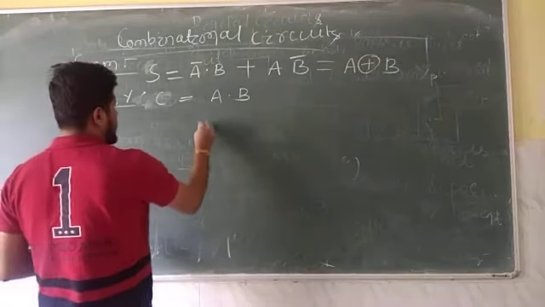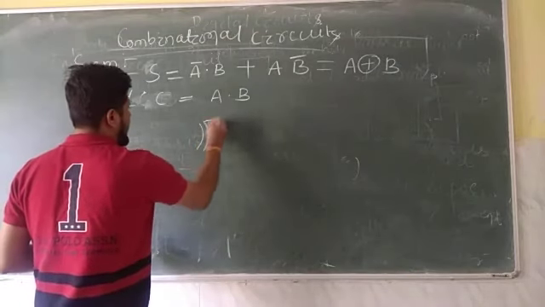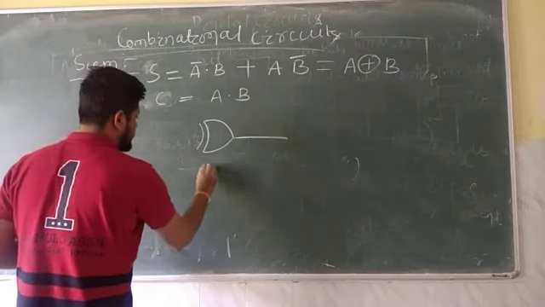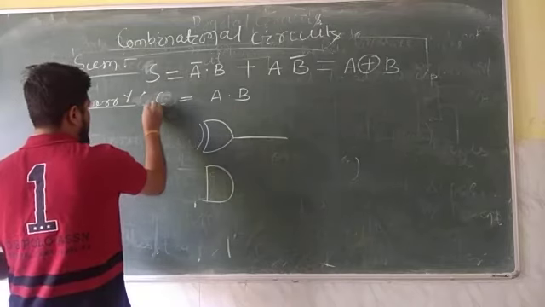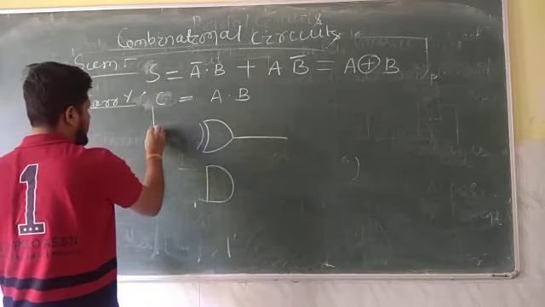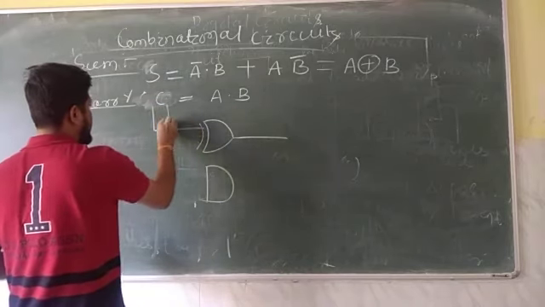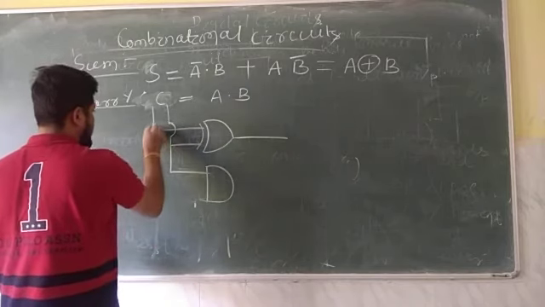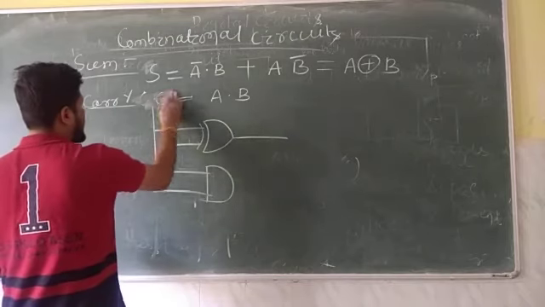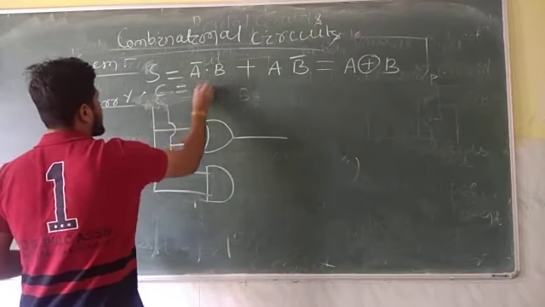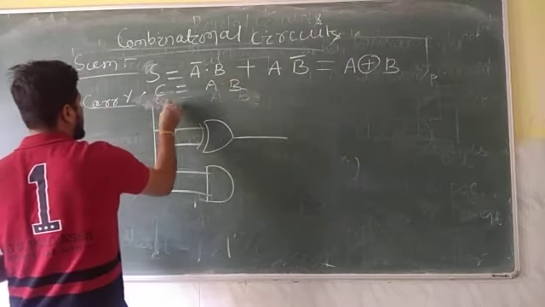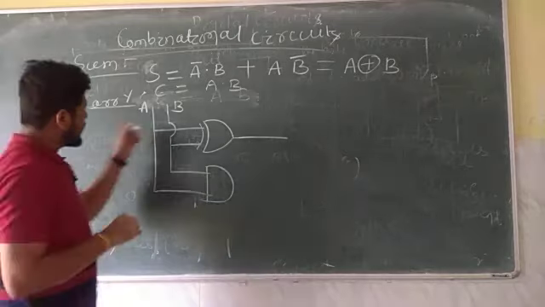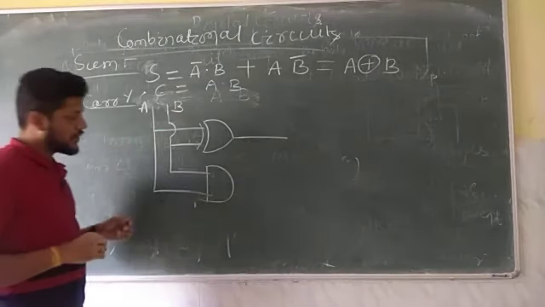So this is your input A, B. Now I am constructing the logic gates.